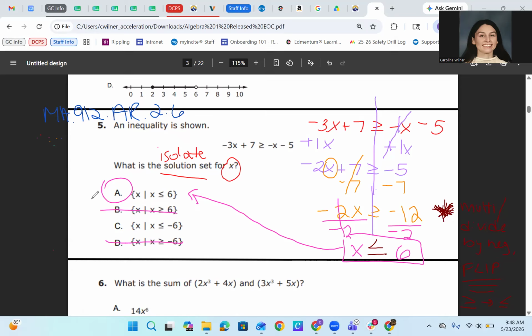So the exact same standard as the previous question.